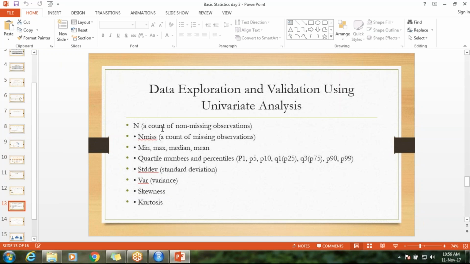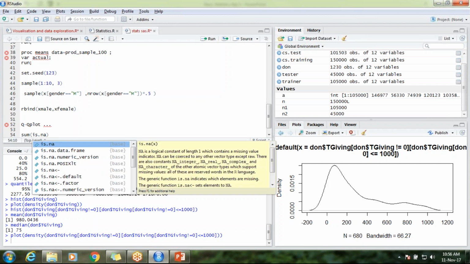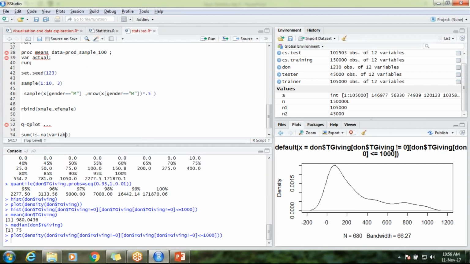These are a few of the things that we have already done. Number of missing values and non-missing values. If you remember, I explained this: sum of is.na, and here will be my variable.